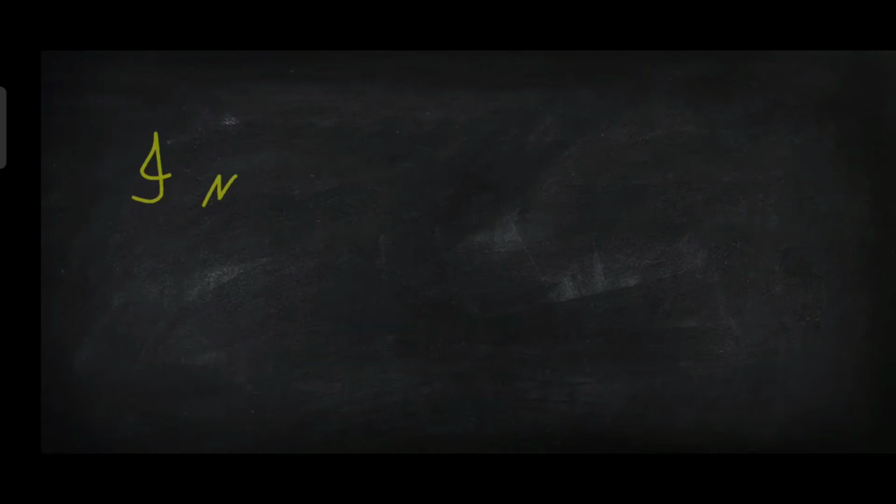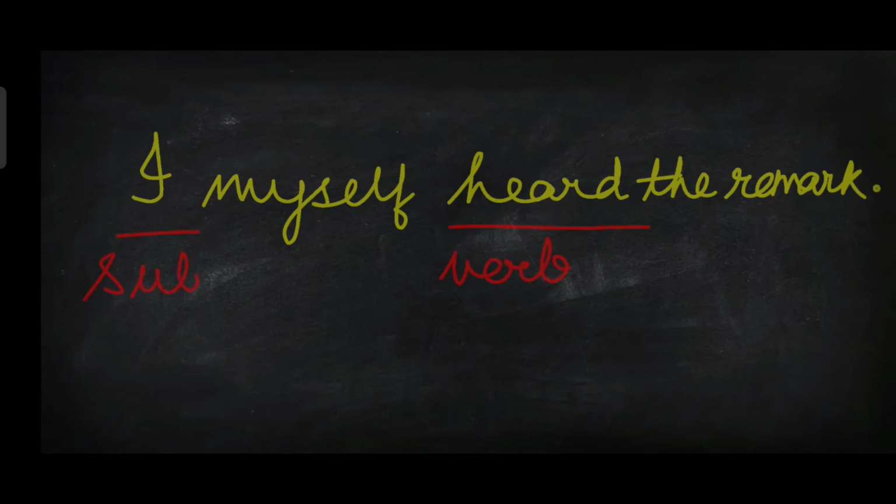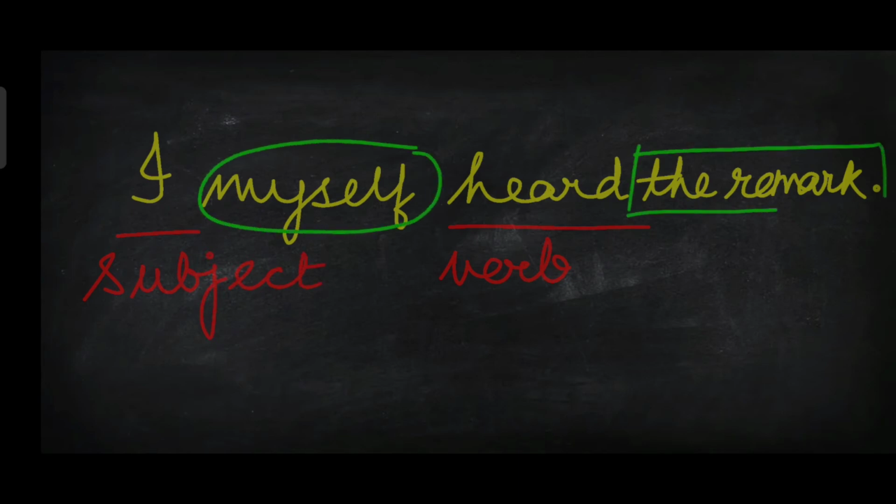The next sentence. I myself heard the remark. After reading the sentence, find out the verb, the subject, and the pronoun. In this sentence, heard is the verb, I is the subject, and myself is the pronoun. After finding out the verb, ask the question what or whom. Heard what?